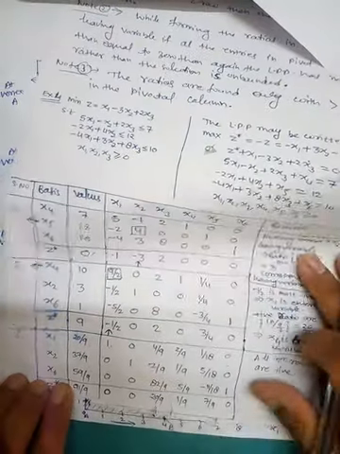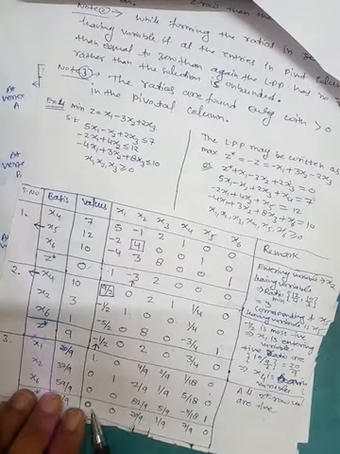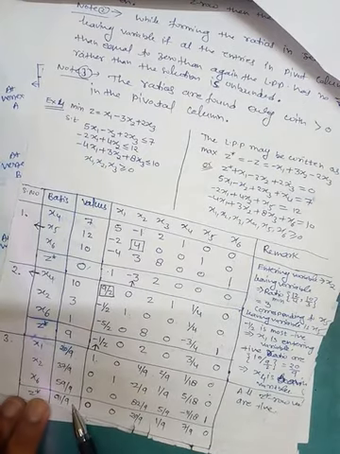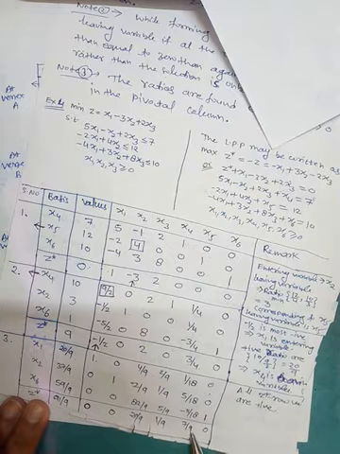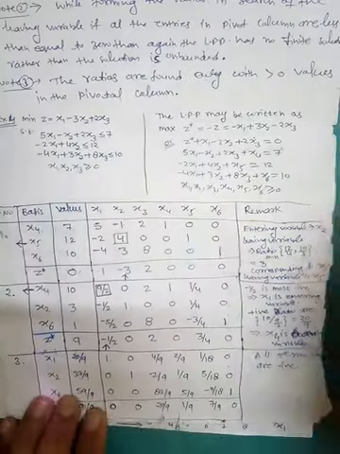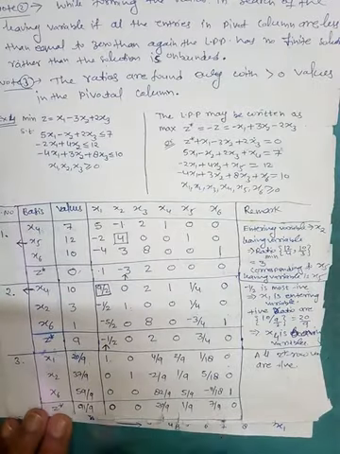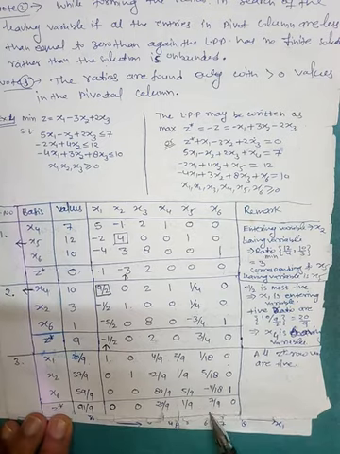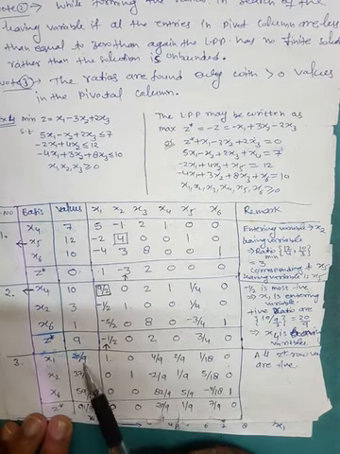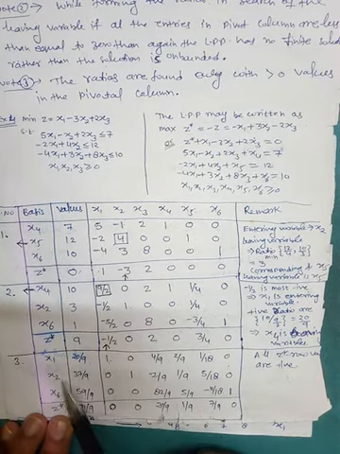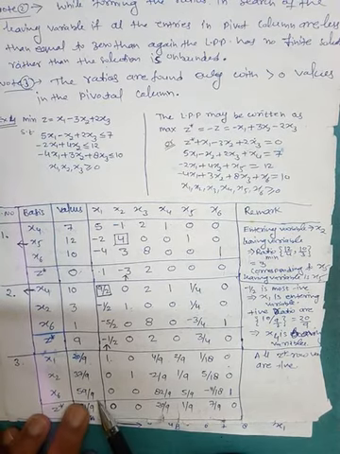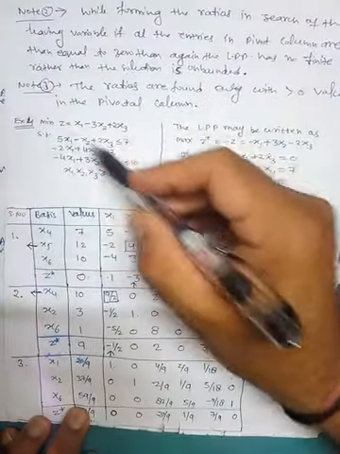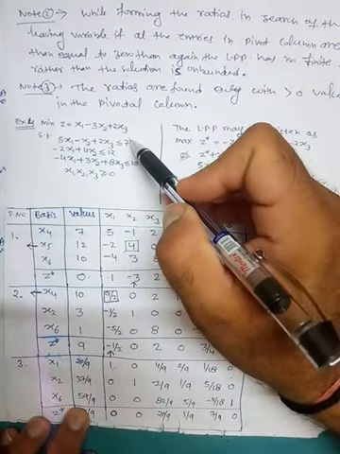Okay, now here you can see all the values are positive. This is 91 by 9, 0, 0, 20 by 9, 1 by 9, 7 by 9 and 0. So all are positive values. So optima reaches and the solution is x1 is 20 by 9, x2 is 37 by 9, x6 is 59 by 9, but our main variables are x1, x2 and x3.